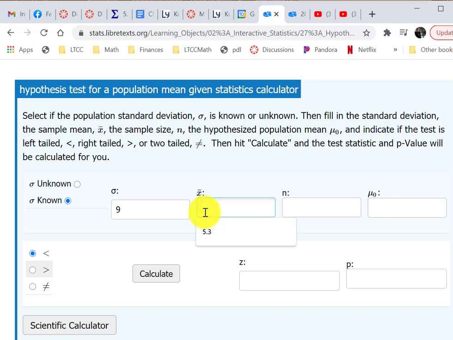So that's 37. N was equal to 65. So I put 65. And mu naught, that's the right-hand side of the hypothesis. And in this case, our H naught was that mu was equal to 35. So mu naught is 35.